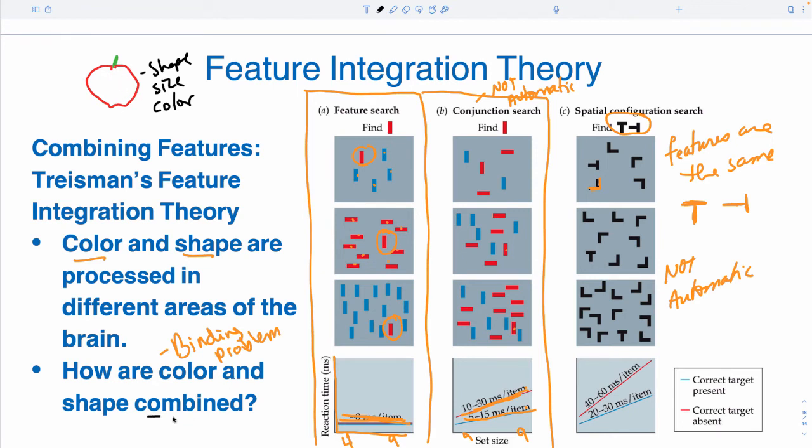They have to be combined, and that takes a little bit of time for it to happen. In other words, it has to happen. It's not something that is already inherently done when the visual system processes an apple. Our brains have to go to an additional step to put the different features together.